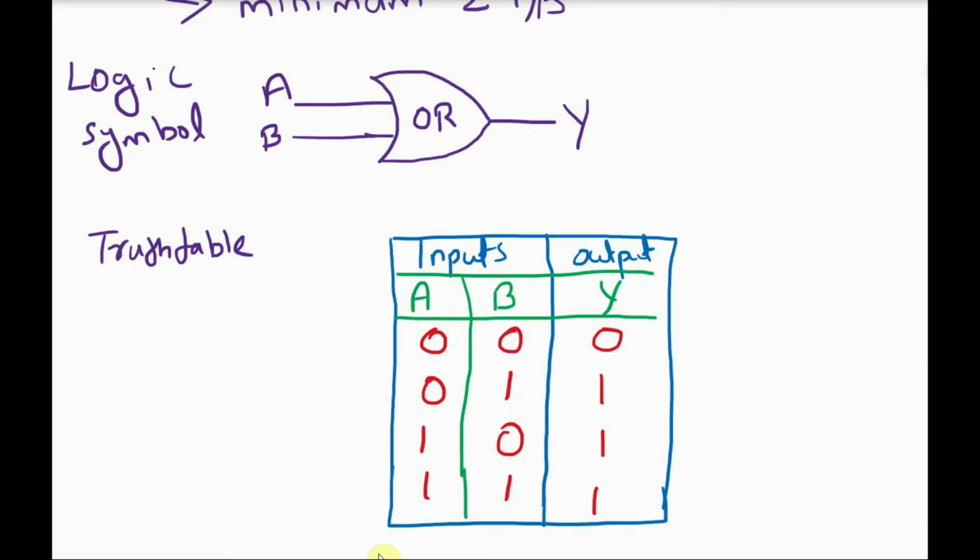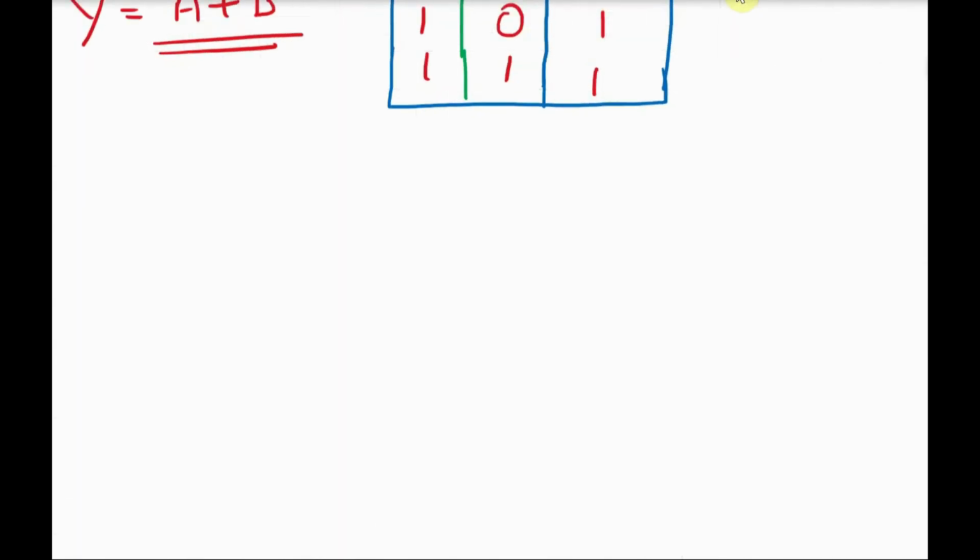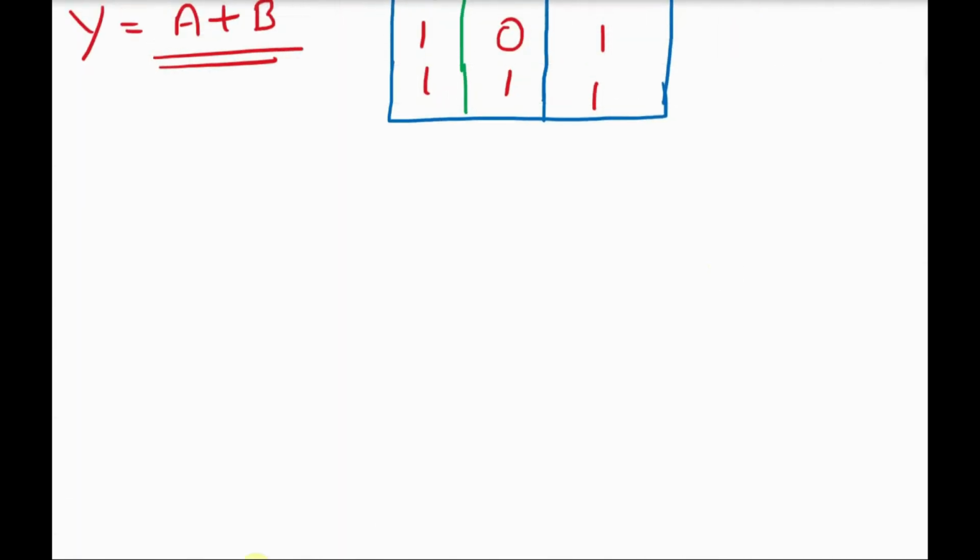So, this is OR gate. The expression for OR gate is Y equals A plus B, that means A or B; plus indicates OR operation. We will read it as Y is equal to A or B, that is A plus B. So, this is about OR gate.